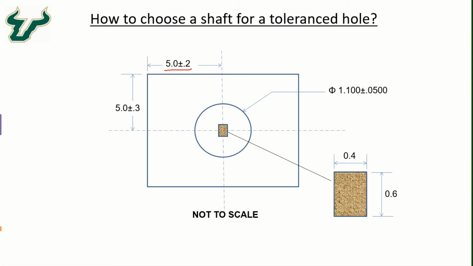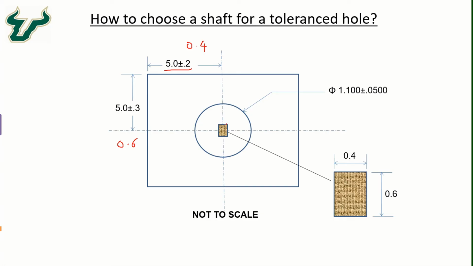So the center of the hole, when we create it, could vary along the X direction by 0.4 units because it is plus minus 0.2, and along the Y direction the hole can be created with a variation of plus minus 0.3, meaning a total variation of 0.6 units.